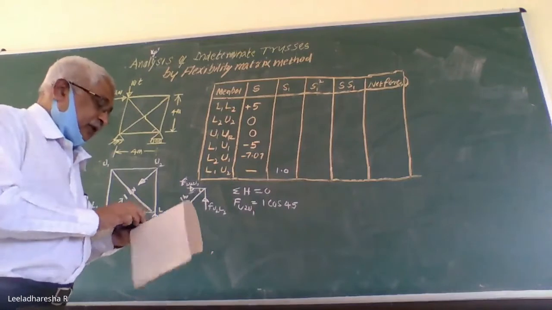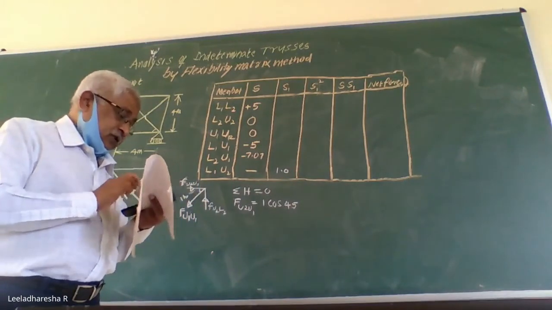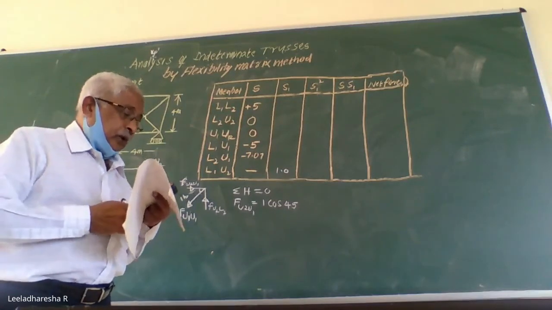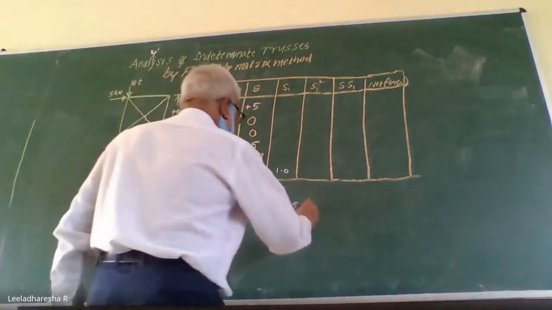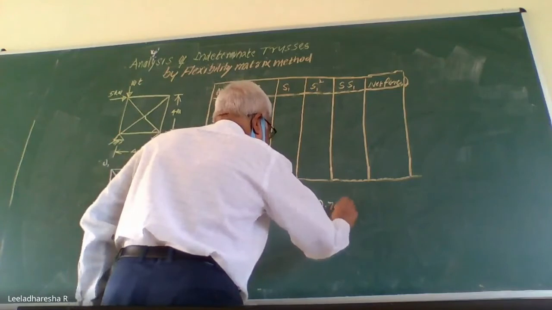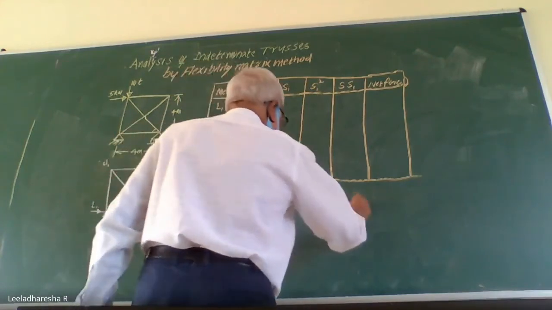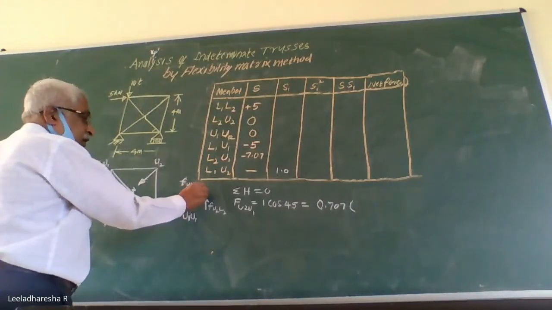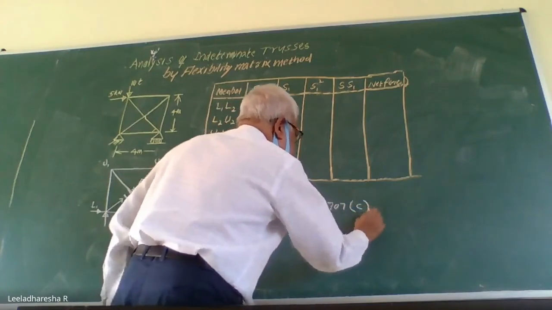Cos of 45 equals 0.707, so you get this as 0.707 kilonewton. And is it compression or tension? See, it is moving towards the joint. Therefore, it happens to be a compressive force.